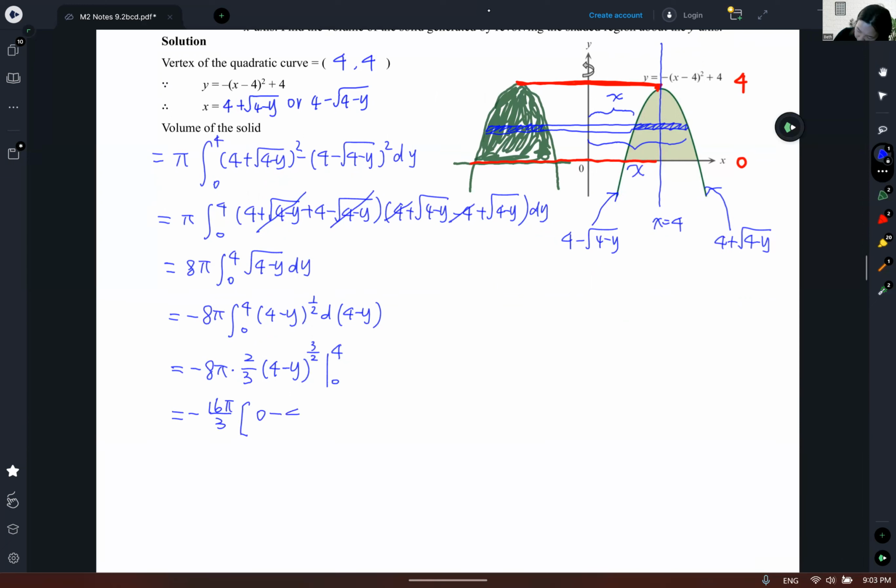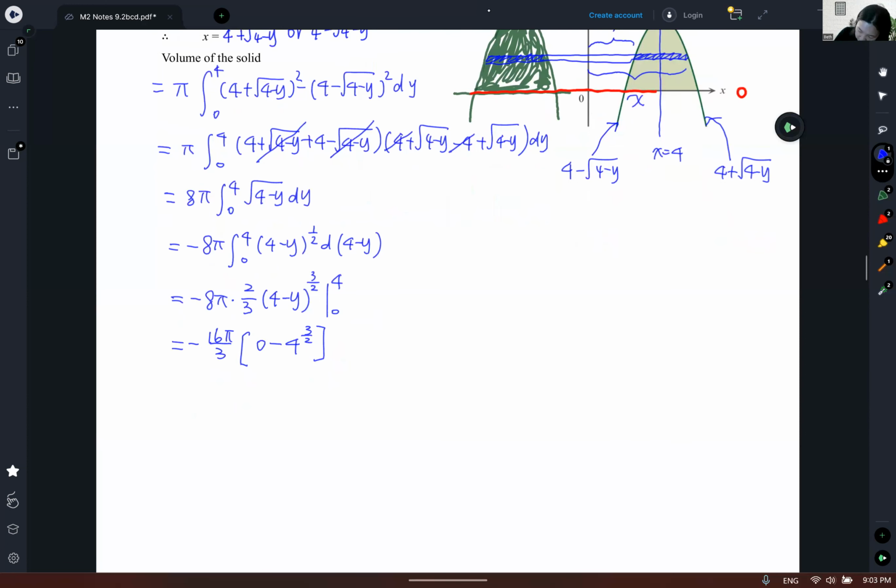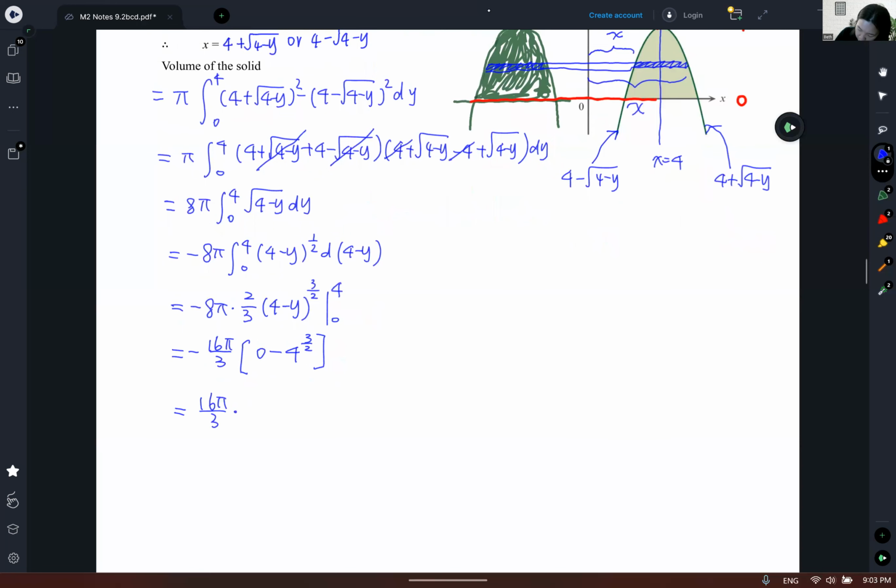Zero minus 4 to the power 3 over 2. And then it's 16 pi over 3 times 8. Right? 128 pi over 3. Huh?